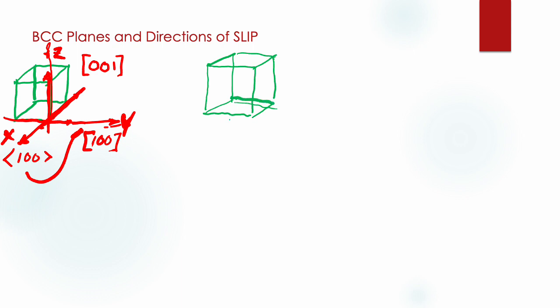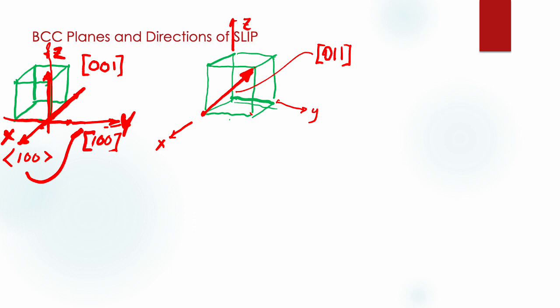So if I have a direction that goes, say, from here to there, and that's x, and that's y, and that's z, then this direction is moving not at all in the x. It's moving plus 1 in the y, and plus 1 in the z. So that direction is [0, 1, 1]. 0 in x, 1 in y, 1 in z.